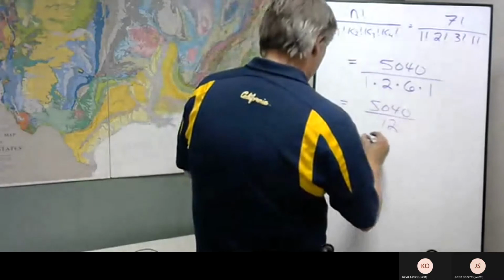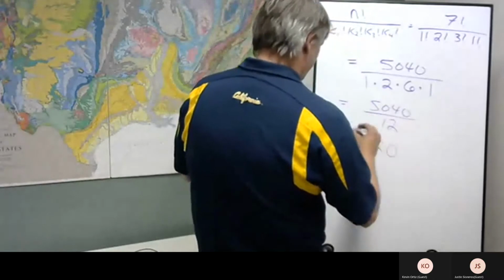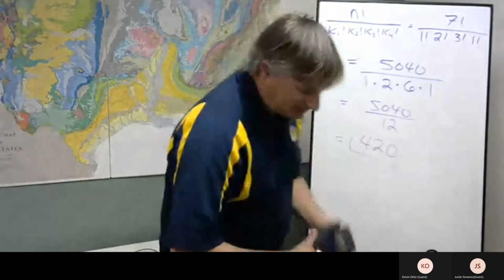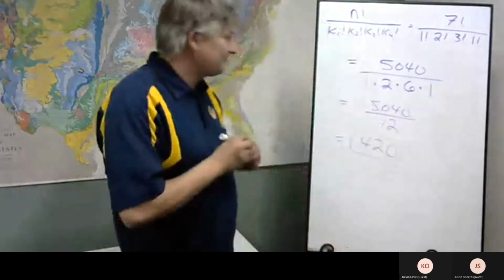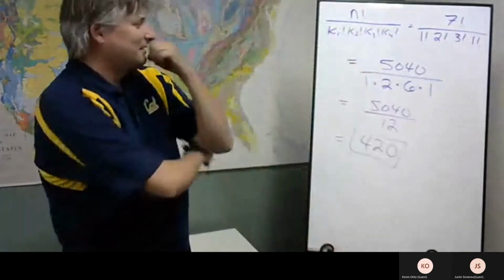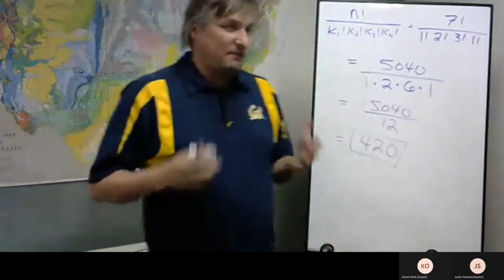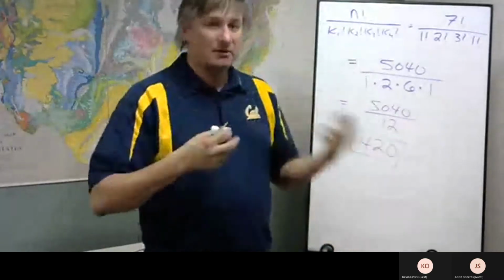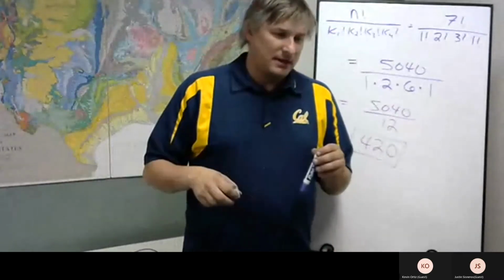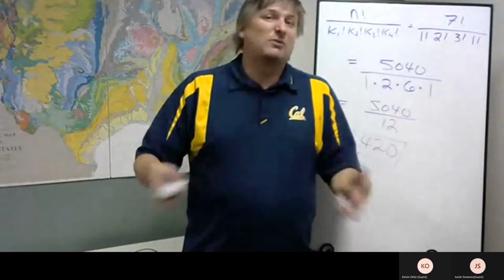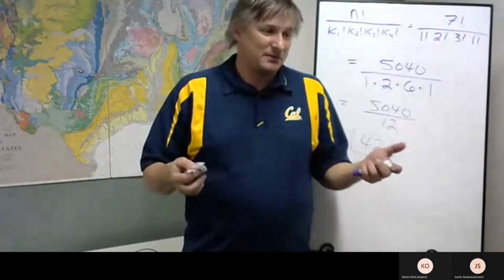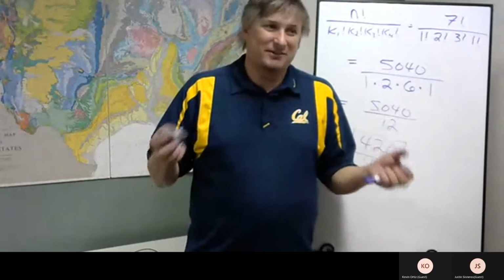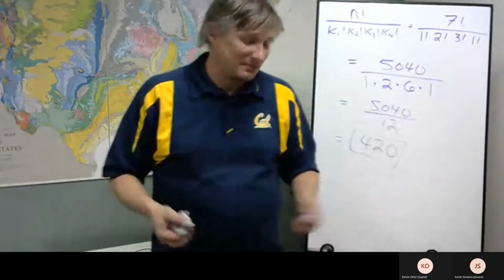We'll get 420. Double check my solution there, that is correct. So you could get 420 unique passwords by switching the characters around. And that means that you have to discount or not count some passwords that, well, you switch the characters around, you're really just getting the same password.